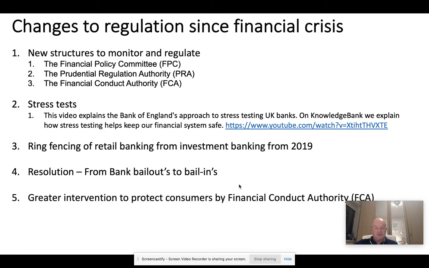Certainly one of the main drivers of some of these changes in regulation has been to try to protect consumers, particularly as far as the Financial Conduct Authority is concerned. So their whole raison d'etre, the reason that they exist, is to make sure that consumers are protected. And some of the examples that I've mentioned to you previously, like PPI and market rigging and various other examples, are included as case studies in the next few pages of your booklet.